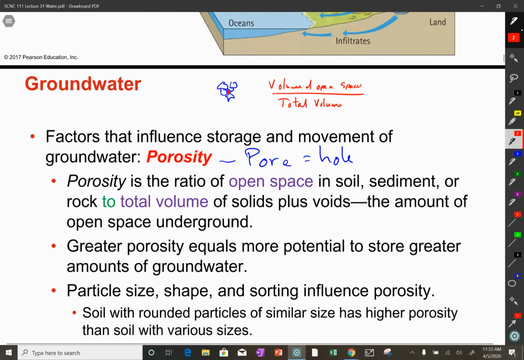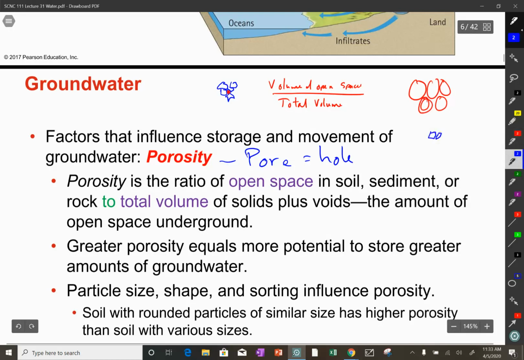And there's a statement here about sizes and shapes. If you have a bunch of equal size spheres, they're supposed to be equal size, the amount of open space is much bigger than it would be if you had things that were different shapes and sizes that could all fit together better.